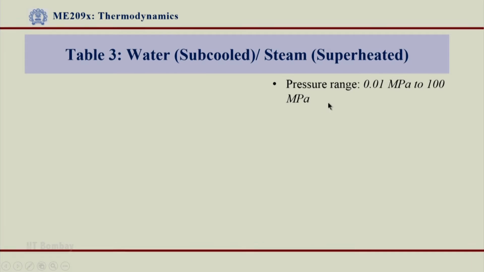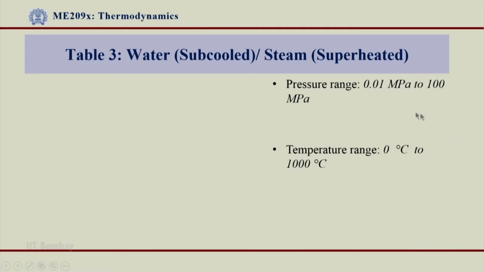Most of our water related operations are in the subcritical region, below 22 MPa. But here we have properties up to a very high pressure of 100 MPa, almost 1000 bars, 1000 atmospheres. For each of these pressures, we have a temperature range of 0 degree centigrade to 1000 degree centigrade. So, you can understand how exhaustive the data in these steam tables is. For all these respective pressures and temperatures, we have all the property data of water.